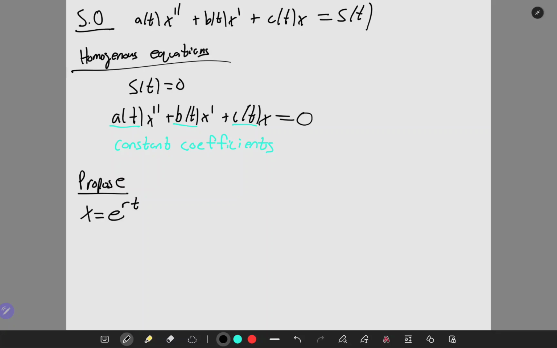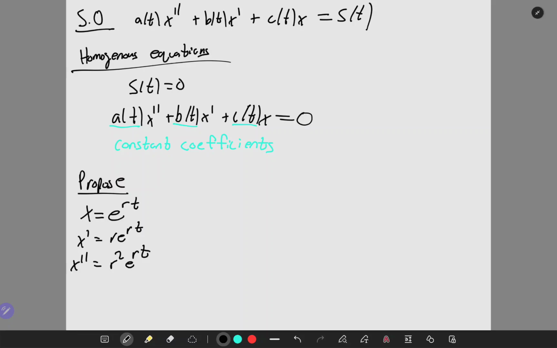Then x prime is r e to the rt, and x double prime is r squared e to the rt. This doesn't come from anything; I don't actually know where it comes from, but it's just part of the process, and you're going to notice this a lot in second order.